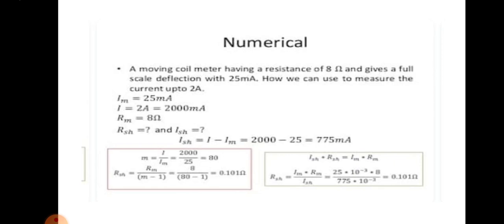By putting the value of M in RSH, RSH equals RM upon M minus 1, RM is 8 and M minus 1 is 80 minus 1, which gives 0.101 ohms. So by using this formula we can calculate the shunt resistance. The alternative method or formula is also given here. The concept is the same, you can use any technique to solve for RSH.